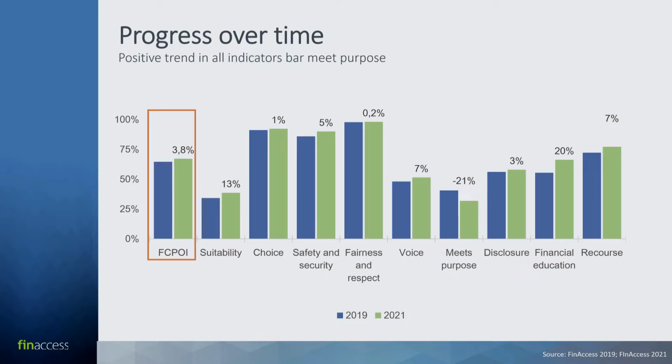That means it's not 100% like for like, but if you take this as indicative, it is still very meaningful just to see that, you know what, actually there's been a slight increase in the index score from 2019 to 2021.